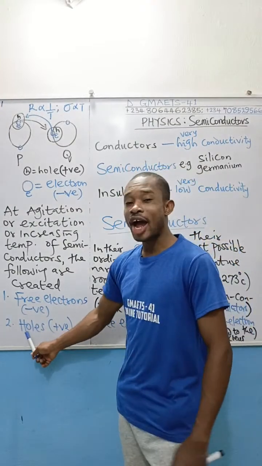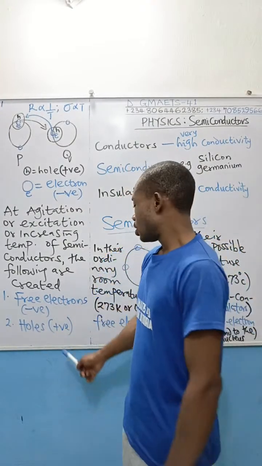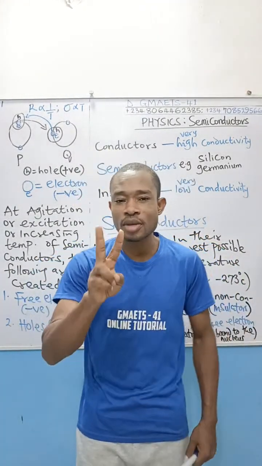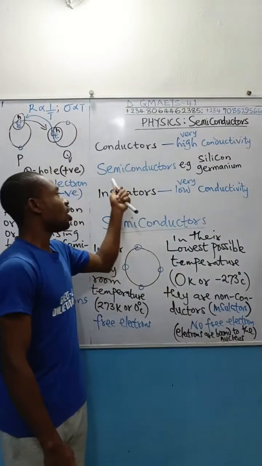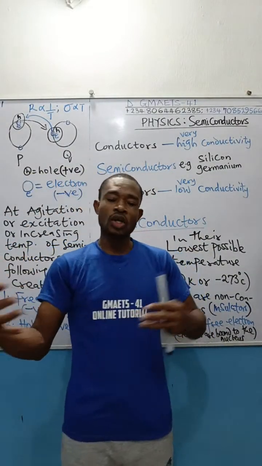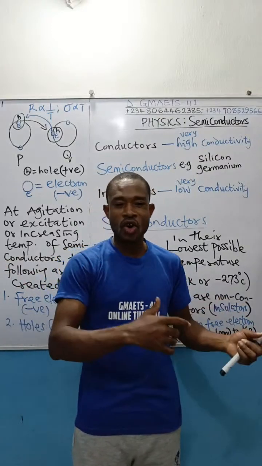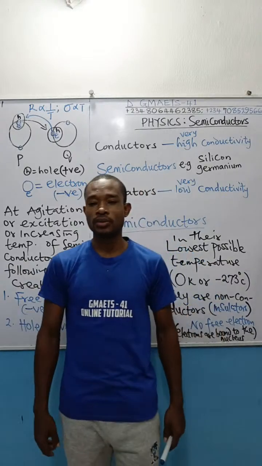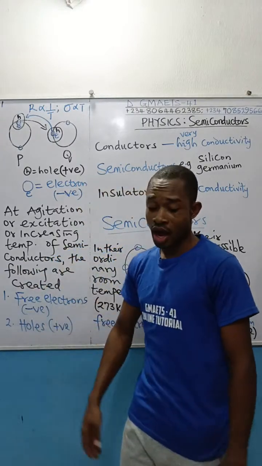Then the second charges are called holes. The holes are positive. And these two are responsible for the conductivity of semiconductors. You must have positive and negative charges for there to be a level of current flow. And this is how they are found.